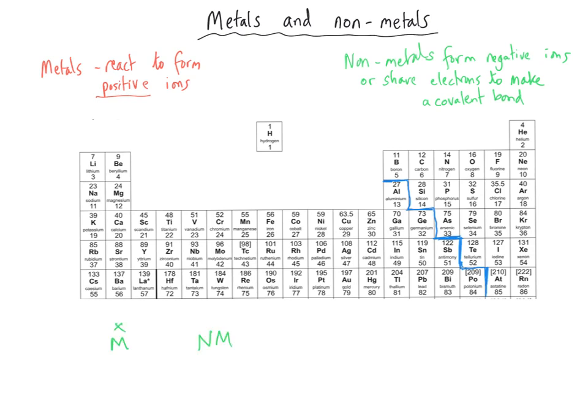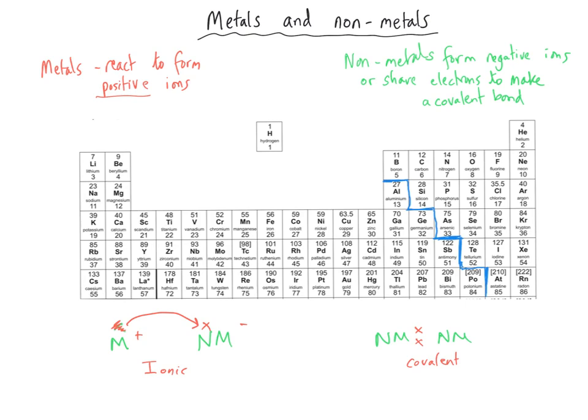You'll either get a metal, which will give one of its electrons away to a non-metal, and that will leave the metal being positively charged and the non-metal being negatively charged, having gained an electron. Or alternatively, you will get 2 non-metals that will share a pair of electrons in a covalent bond. So this is called ionic, that you will have learnt about in another topic, and this is called covalent.